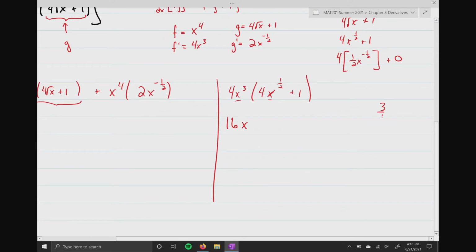So it's 3 over 1 plus 1/2, or another way to think about this is 6 over 2 plus 1/2, which equals 7 over 2, plus 4x to the third.